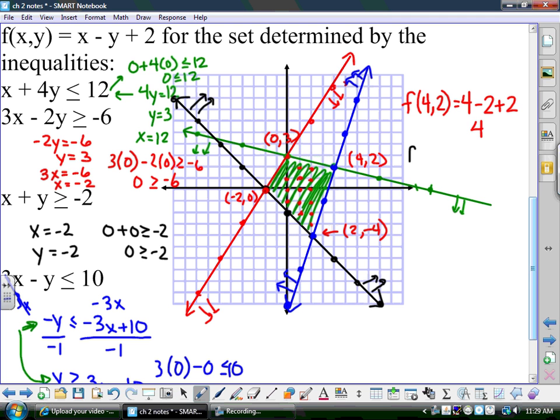So now we'll do f of 0, 3, f of -2, 0, and f of 2, -4.